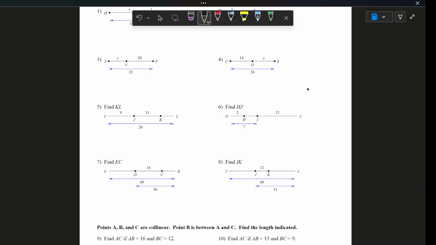So let's do GI is equal to 7. IJ is equal to 12. And GH is equal to 2.